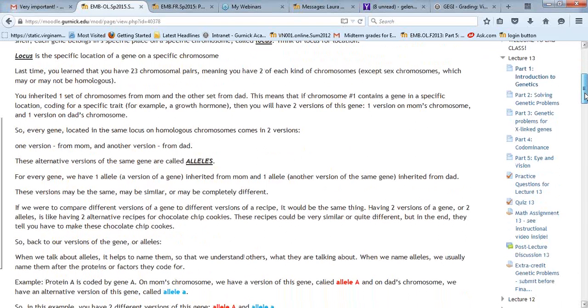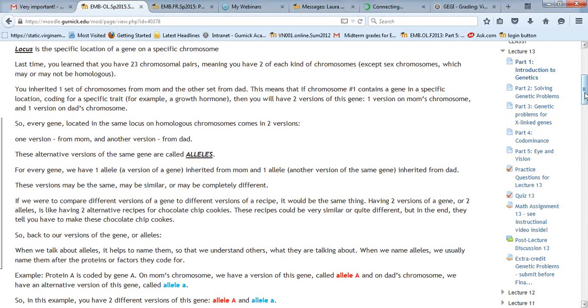So last lecture, in lecture 12, you learned that we have 23 pairs of homologous chromosomes. So you have 2 of each kind of chromosome, except for the sex chromosomes, which sometimes are homologous and sometimes they're not. So remember that you inherited one set of chromosomes from your mom and the other set from your dad.